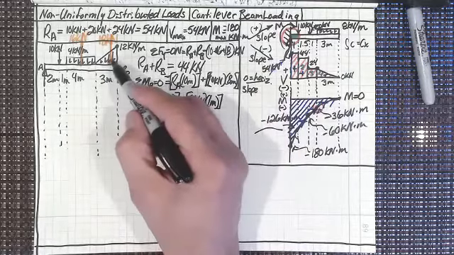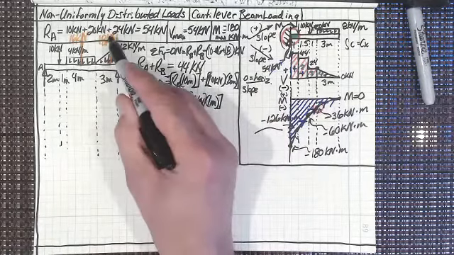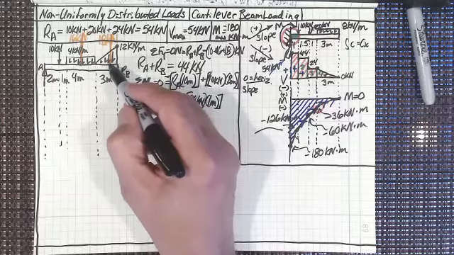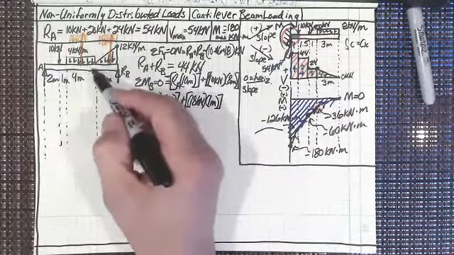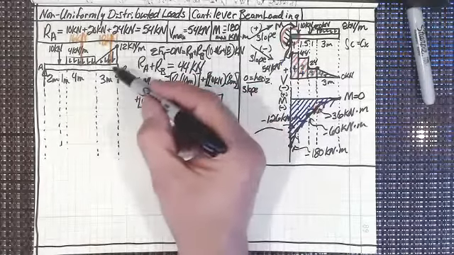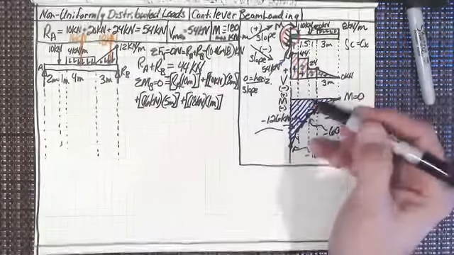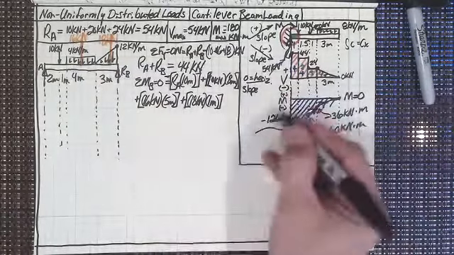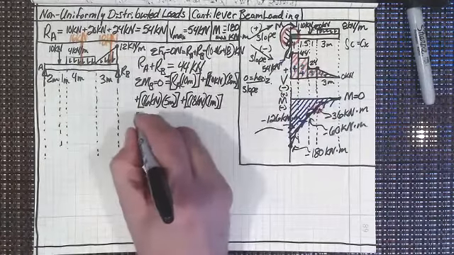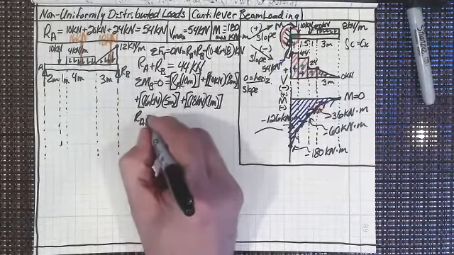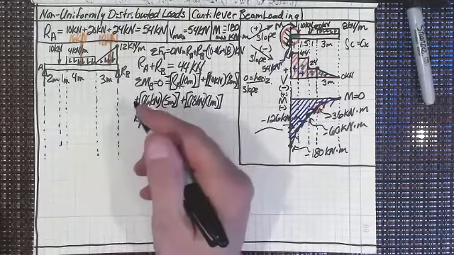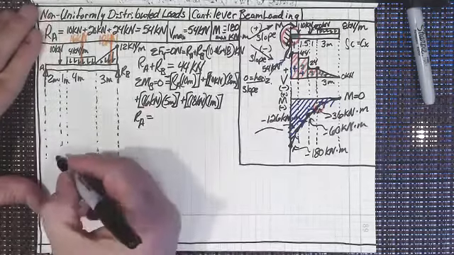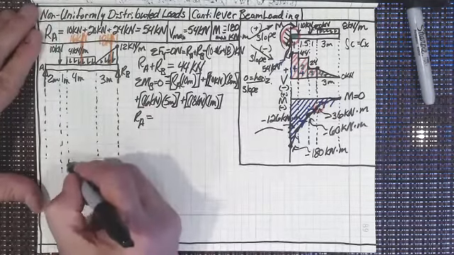It's 1 meter because the centroid of this triangle is 1/3 of the way from the base, just like the rectangle is 1/2 the way. So that's 3, so this becomes 1/3, so it becomes 1. And if we look at all of these, we can then figure out what R_A is, and then figure out what R_B is, and finish all of our shear force and bending moment calculations and diagrams, right?